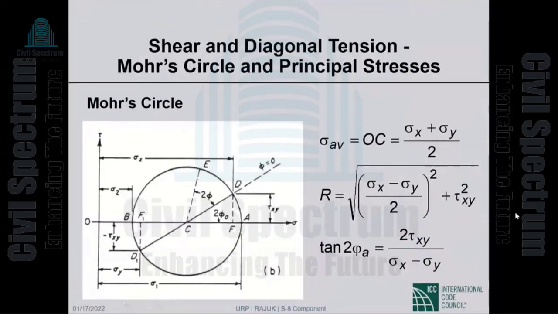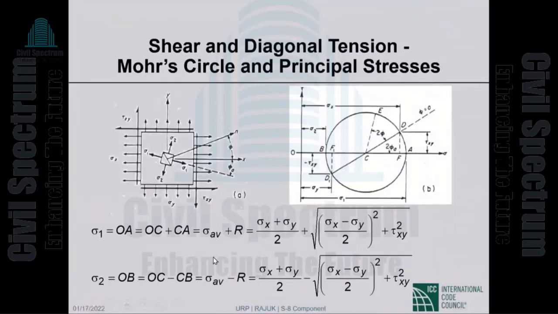So anyway, I don't know that we will do a lot with the angle, but the sigma average is sigma sub x plus sigma sub y by 2. The radius is equal to that. So now the principal stress sigma 1, which is from here to there, is OC plus CA.